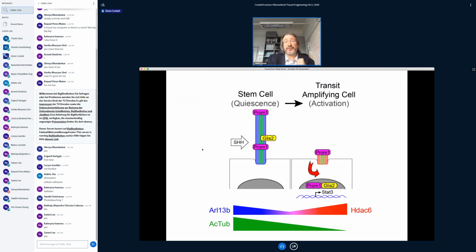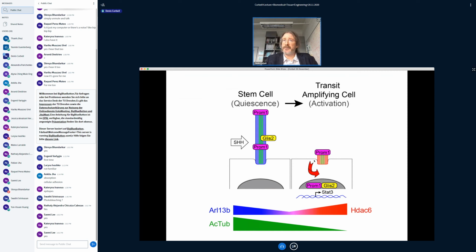So that's a cartoon which summarizes this part, that in the stem cell we have a long cilium, prominently located there, which can answer to sonic hedgehog. When they go into transient amplification, when you have activation of the stem cell, the cilium, as I showed you, can vary in length. And what happens is the cilia become shorter.